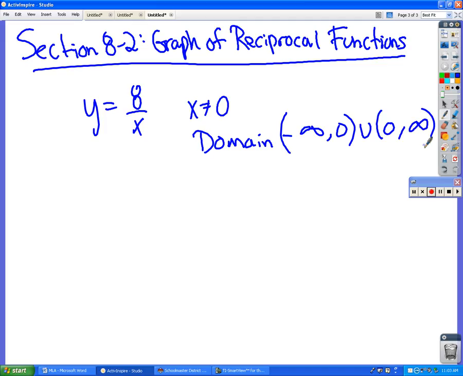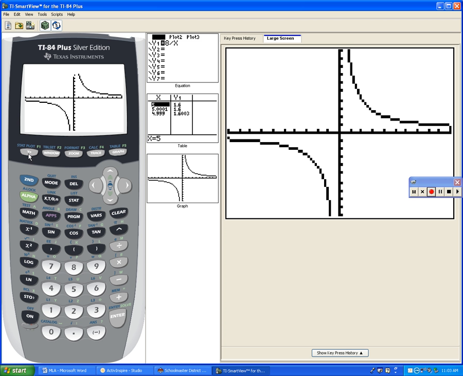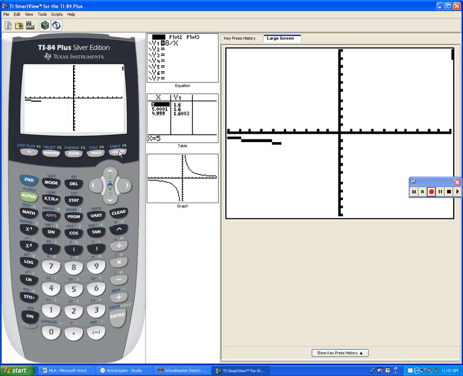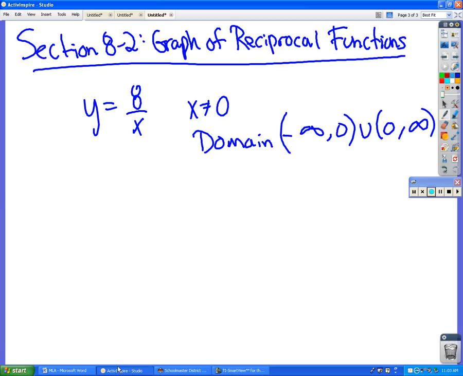The reason I brought that up is because if I now change this to be 8 divided by x minus 1, what happens to where that discontinuity of the graph is? It moved over to the right, to x equals 1, correct. Because if I look at y equals 8 over x minus 1, there is no 8 divided by 0.